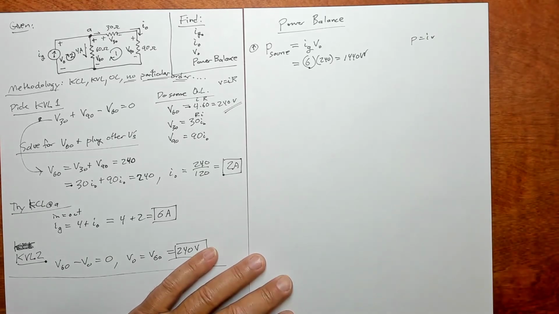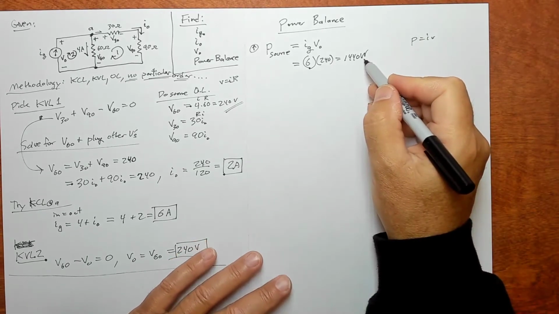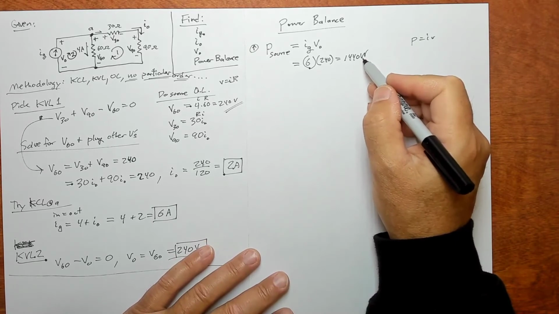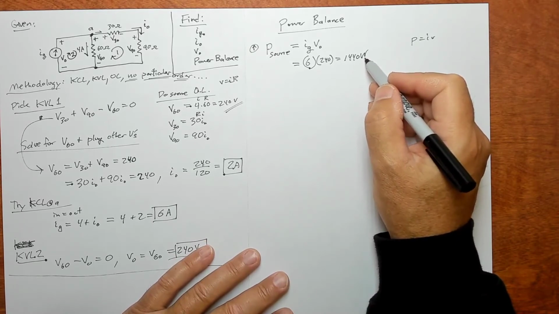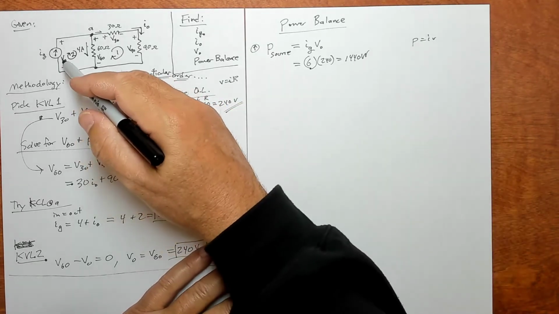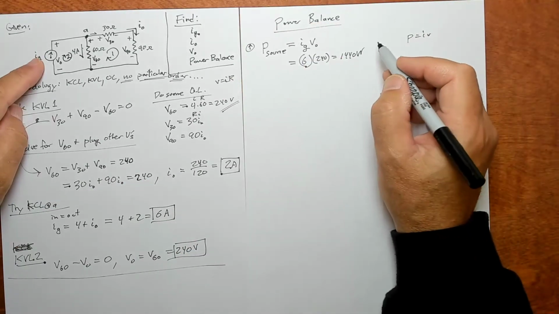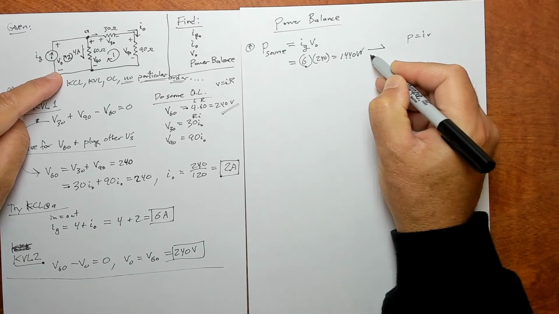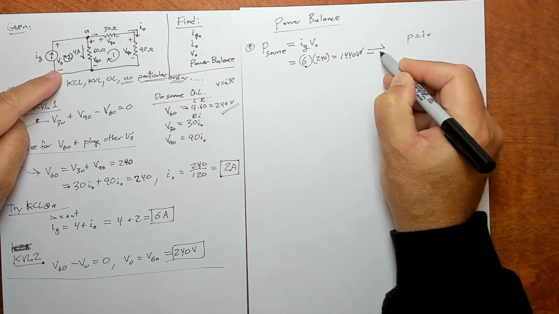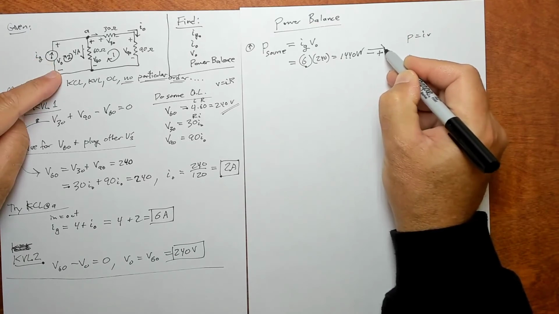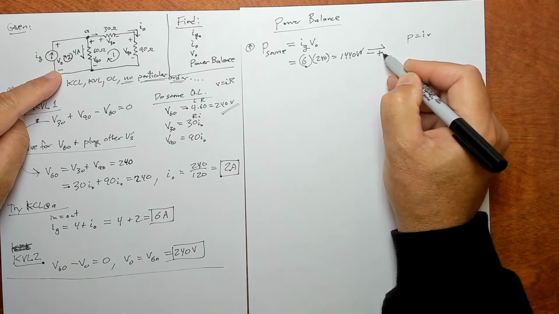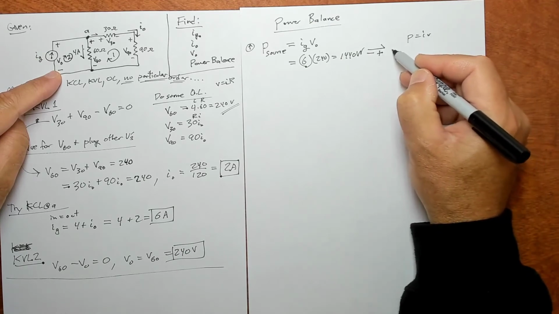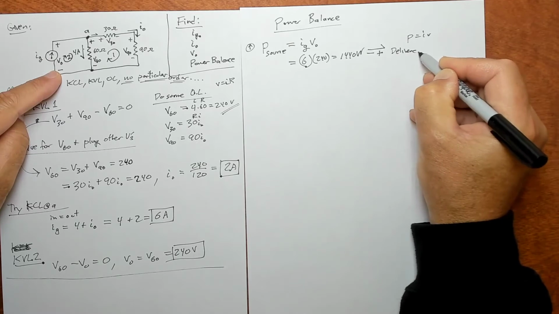And is it delivered or absorbed? Is this a source or a load? Then you apply the convention. You look at the arrow direction. The current's coming out with a higher potential, so it's delivered. It's a source.